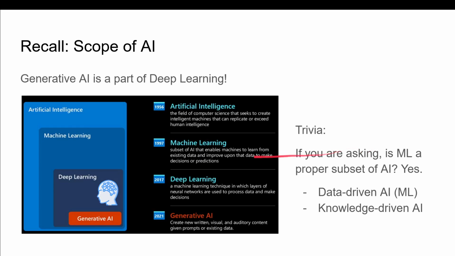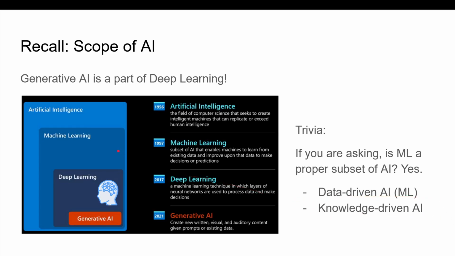The answer is yes, because machine learning only works with data. You can see this: a subset of AI that enables machines to learn from existing data and improve upon that data to make decisions. But there is another subset of artificial intelligence which uses knowledge bases, and this is why it is called knowledge-driven AI.